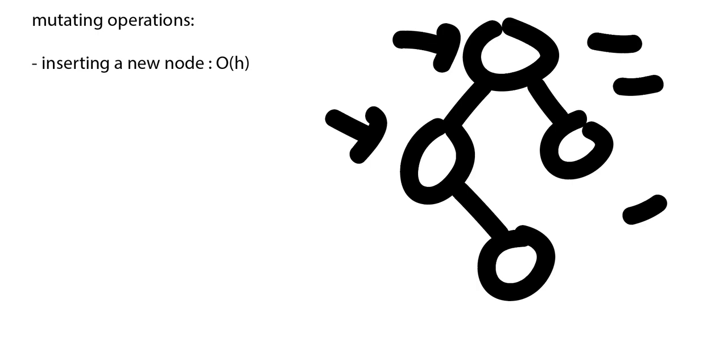Unfortunately, BSTs don't have that, so in the worst case this could take O of n, where n is the number of nodes the tree has. So with a regular BST, we're not guaranteed optimal insertion or search performance, but there are trees out there that we can use to do that.